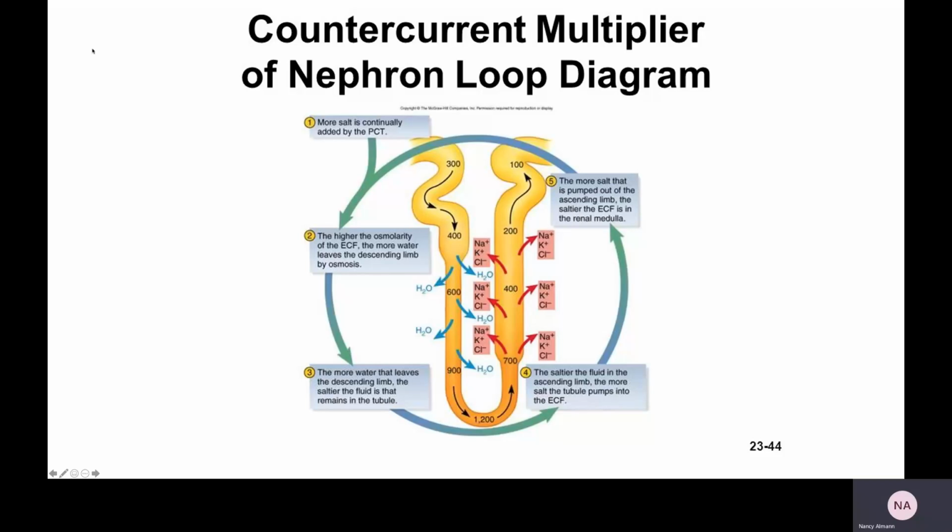You get the picture. So in essence, what happens is the more salt that is pulled out of the ascending limb of the loop of Henle, the saltier the extracellular fluid is around that area. And the saltier the solution is, the higher the concentration of salt, the more water will be pulled out of the descending limb.